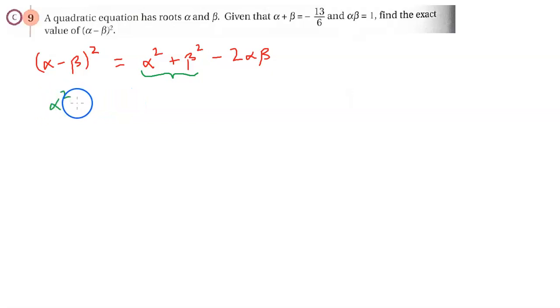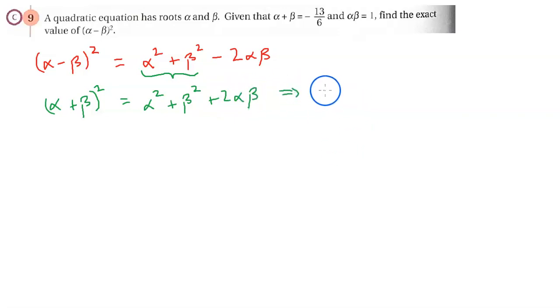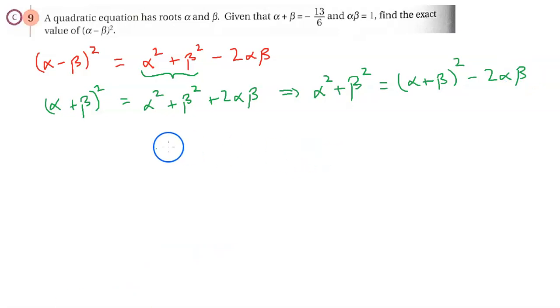Let's write it like this first: (alpha plus beta) squared is equal to alpha squared plus beta squared plus 2 times alpha beta, which tells us that alpha squared plus beta squared is equal to (alpha plus beta) squared minus 2 times alpha beta. And then from there everything is just nice and easy.